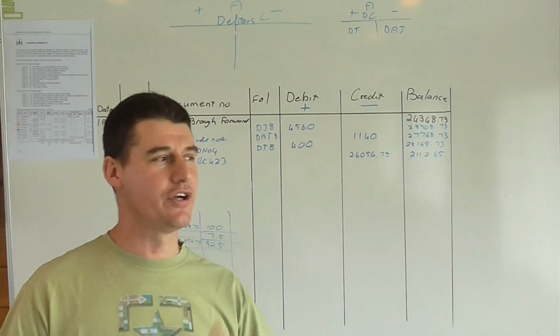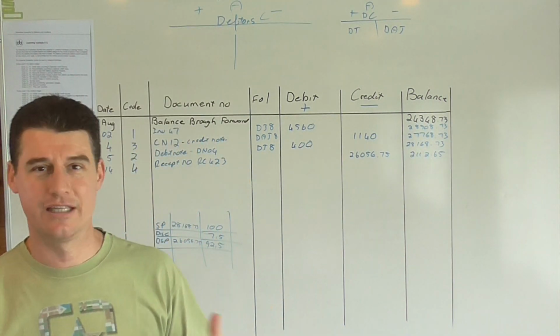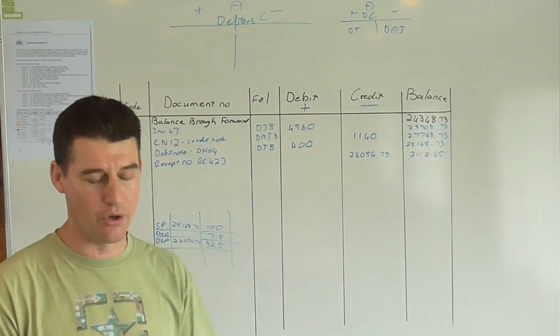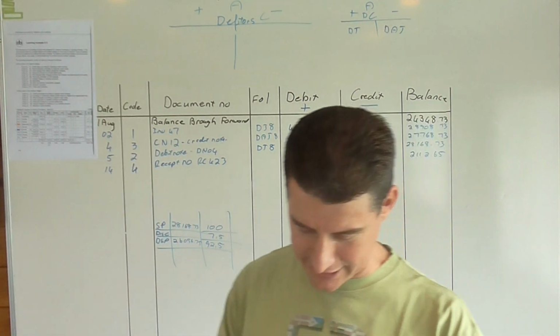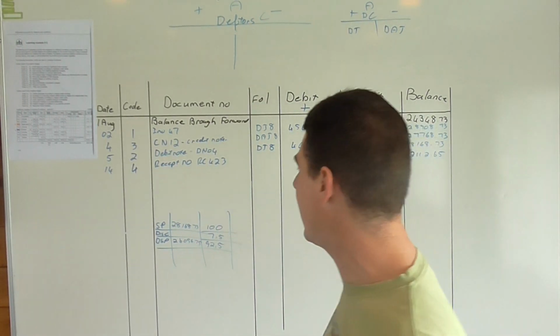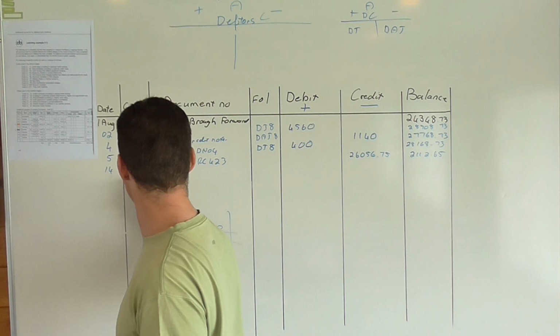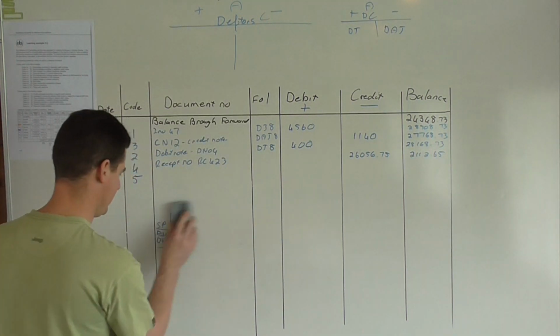Now, if you remember from our previous lessons, this transaction will go into your general journal. So let's look at the code. Discounts allowed on prompt settlements is code number 5. So let's put code number 5 in there.